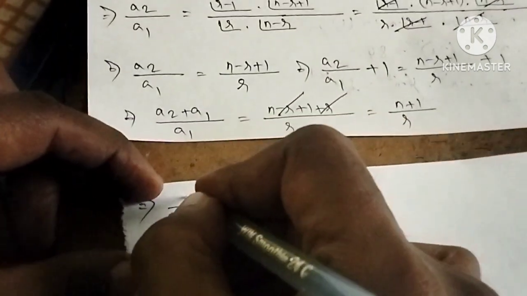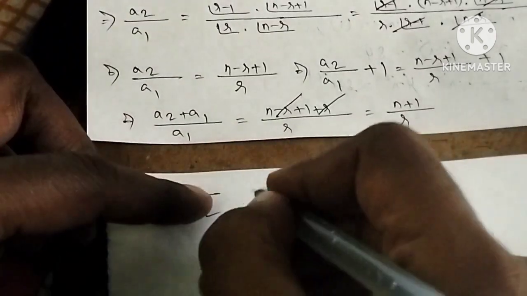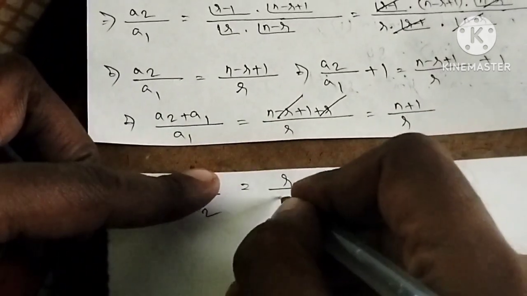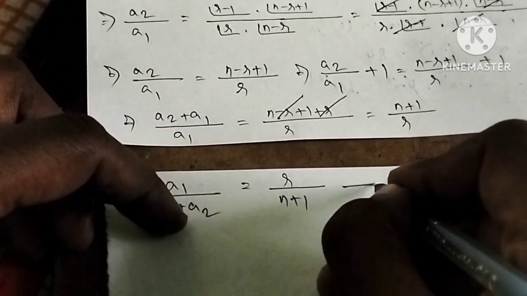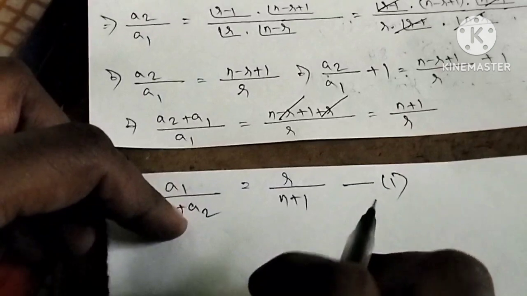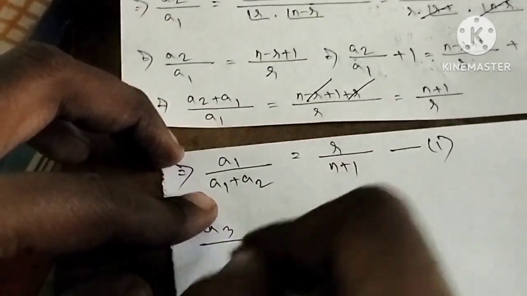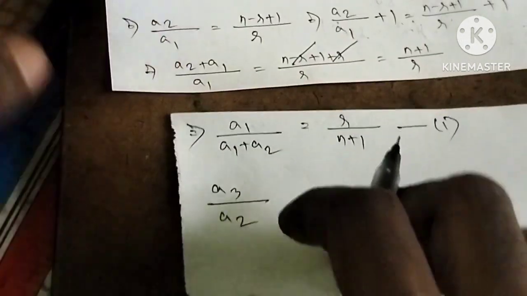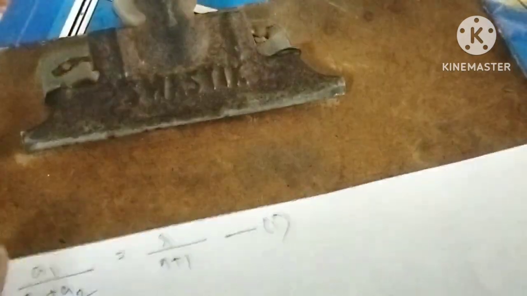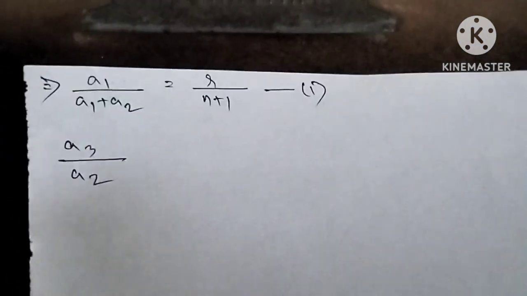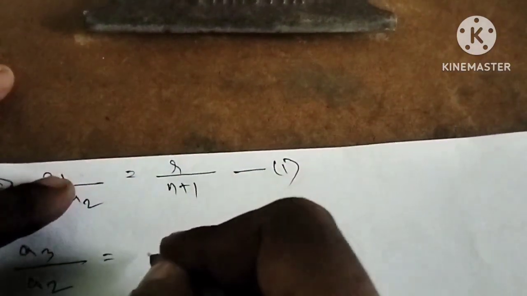If we invert this, a1/(a1 + a2) = r/(n+1). Clear? Name it as 1. So now what will I do? a3 by a2. Okay, so this is over. So now a3, what was a3?